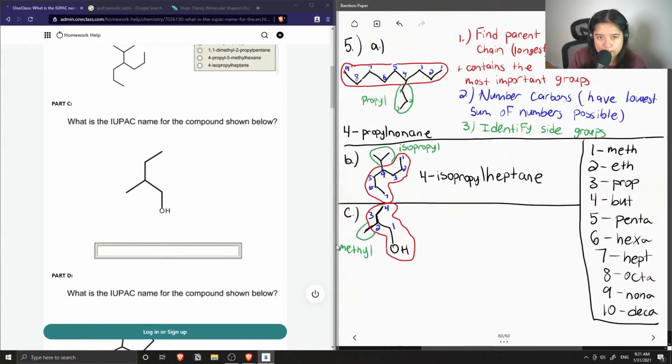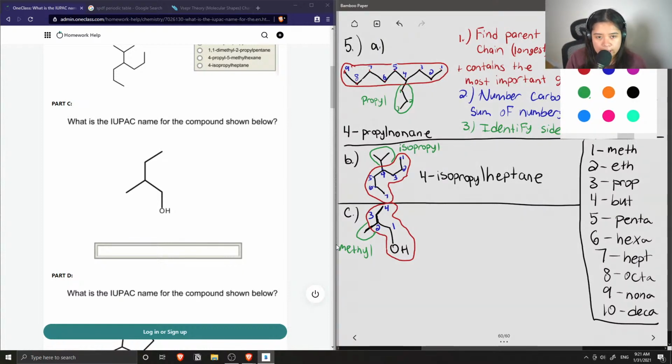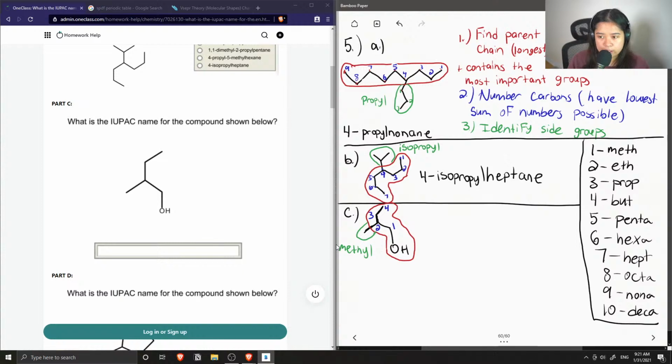Okay, so since we only have the 1 alcohol on carbon 1, we don't need to specify which carbon this alcohol group is on, since it's already assumed that it's carbon 1. So the way that this IUPAC name is going to end is just butanol.